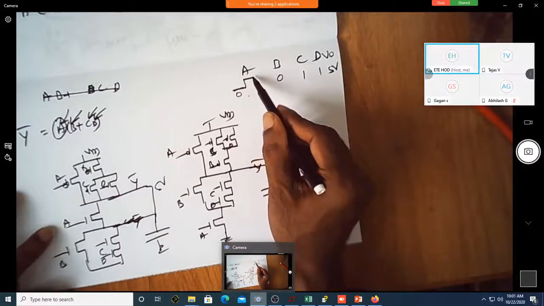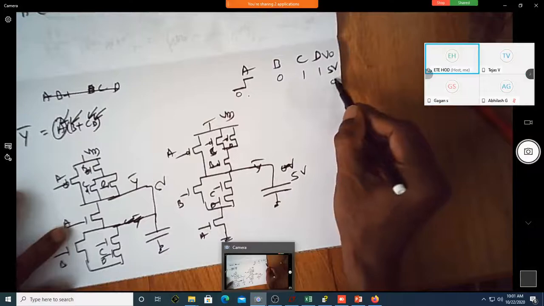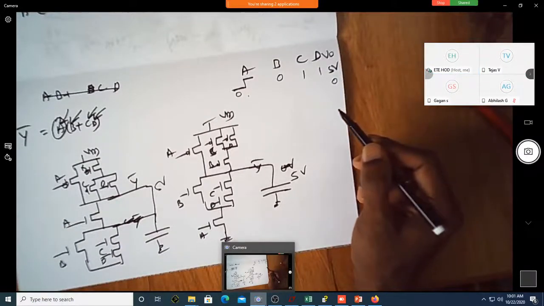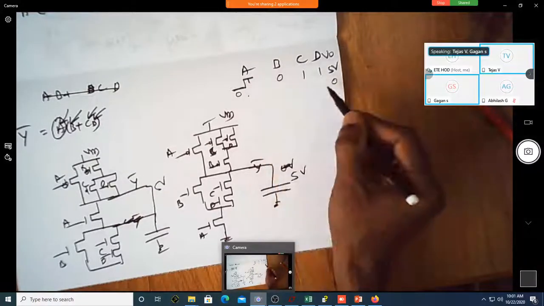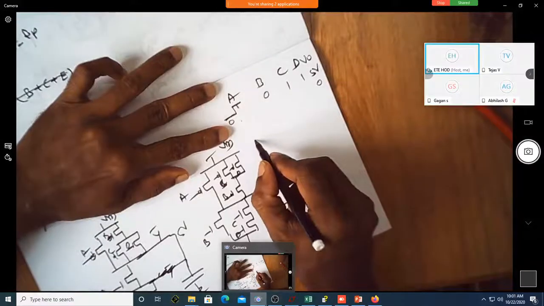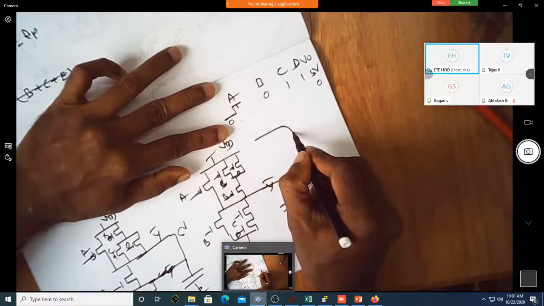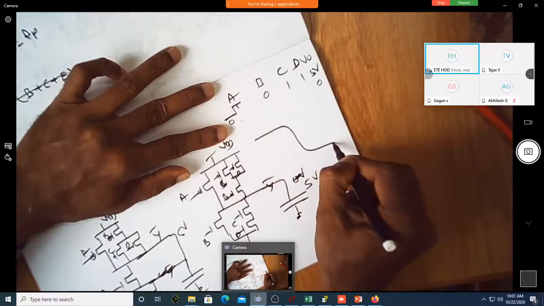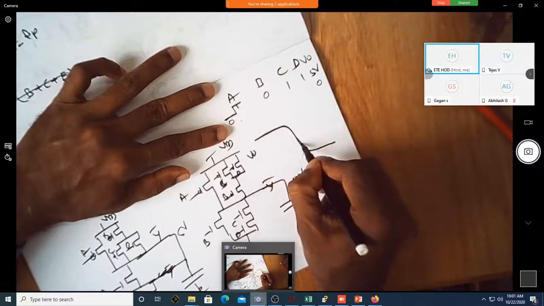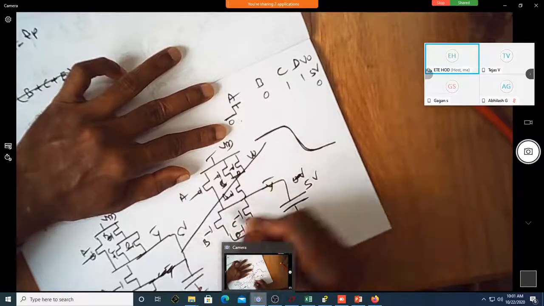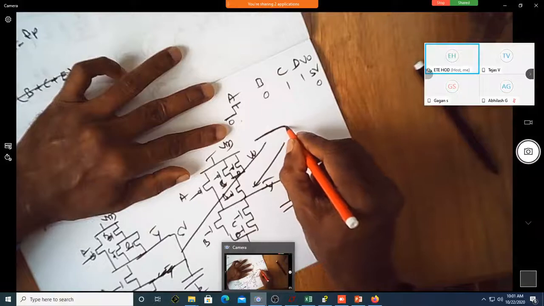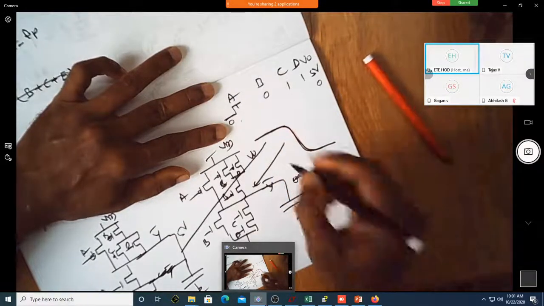Now you make A go from 0 to 1. Does the output become 0? Yes, sir. The output was high, and it has to become 0. Now the question is, is this V0 becoming 0 better in this case or in that case? Meaning, will it take a long time or a shorter time?